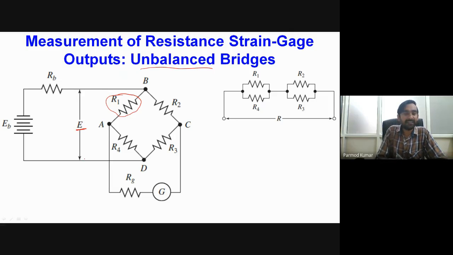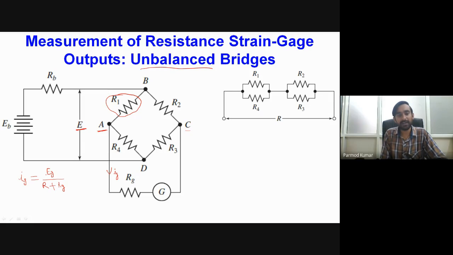In this circuit, if I consider that the resistance of the battery is not influencing the remaining circuit, which happens when we have a slightly small unbalance, then the current passing through the galvanometer, if I call it Ig, will be equal to Eg, where Eg refers to the galvanometer voltage, the difference between point A and point C, divided by R. Here R is the equivalent resistance of R1, R2, R3 and R4, plus Rg, the galvanometer resistance. That is the amount of current which will pass through the galvanometer.